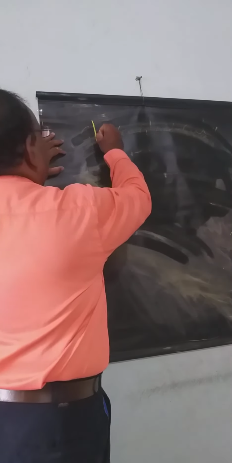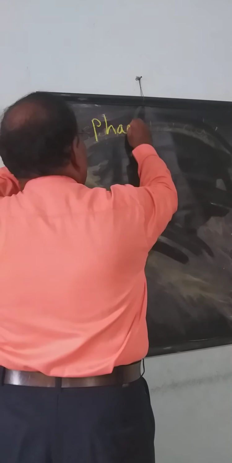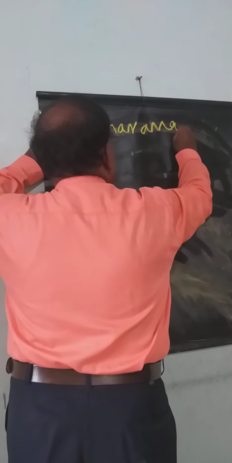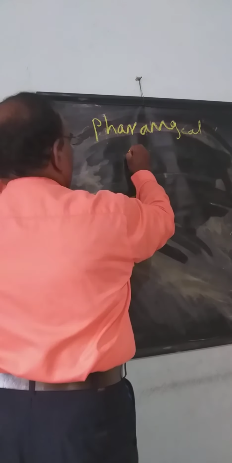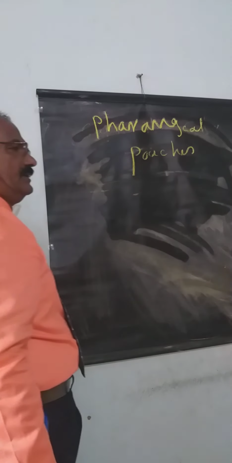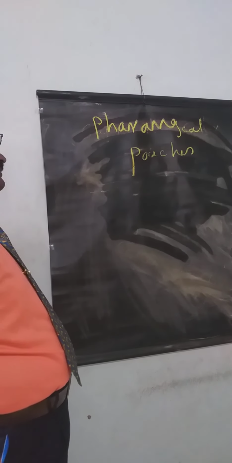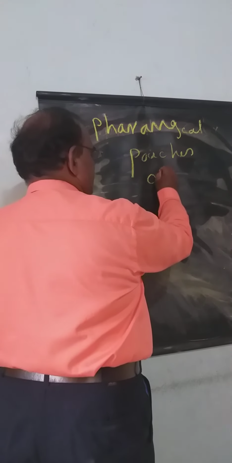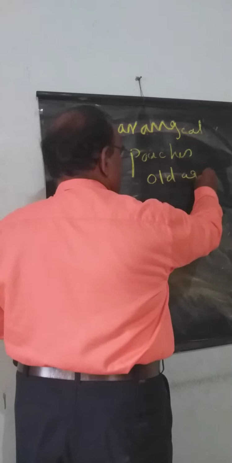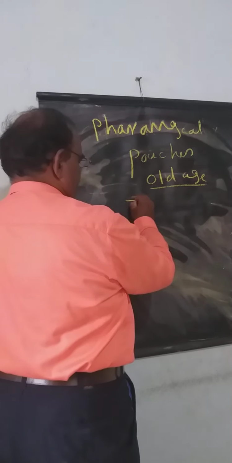The pharyngeal pouch is a herniation between the muscles of the pharynx. It occurs especially in old age and is characterized by regurgitation.